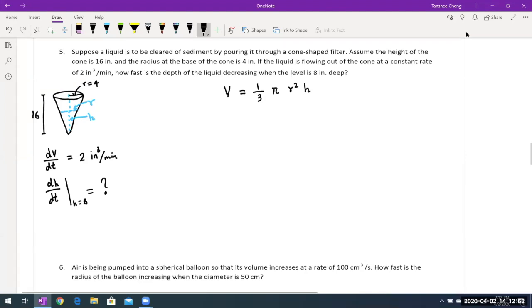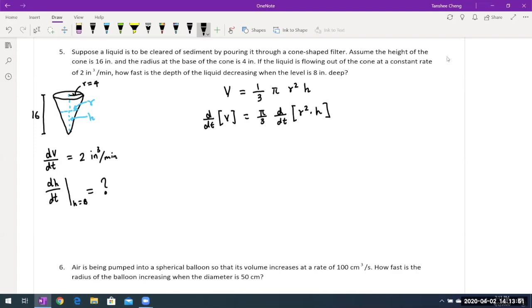Now, are there any questions before I move any further? To talk about the rate of change of the height using the rate of change of the volume, I'm going to take the derivative with respect to time on both sides. So that will be pi over 3 times d/dt of r squared times h.